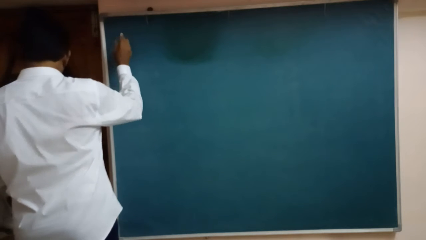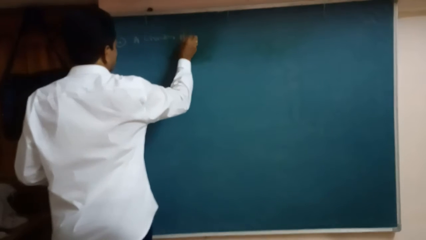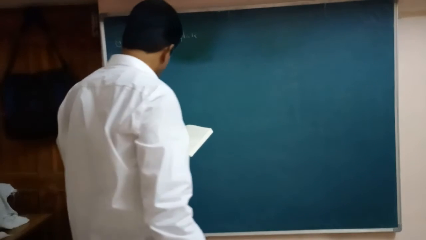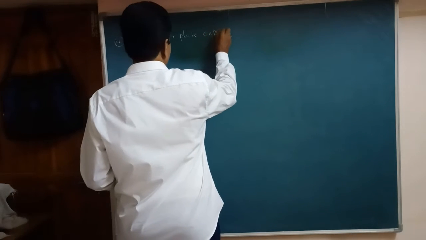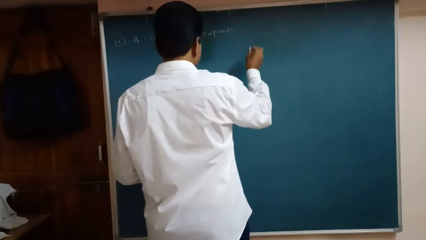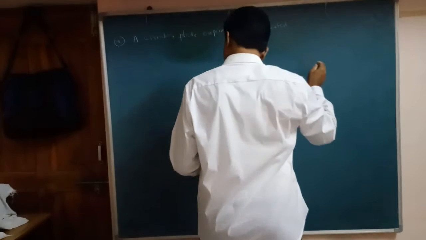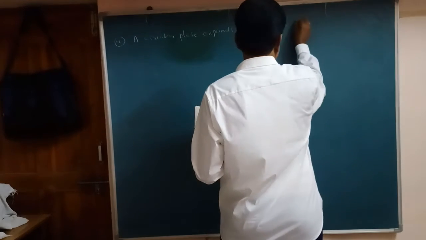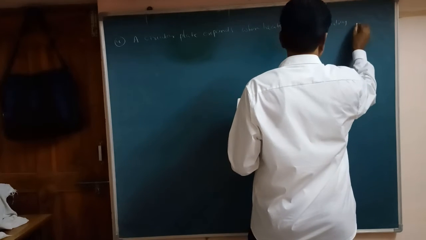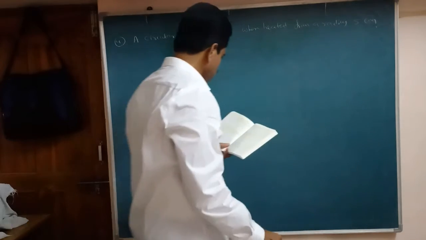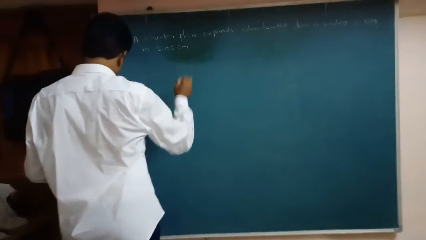Next one, the fourth one. A circular plate expands when heated. Radius 5 centimeters expands from 5 centimeters to 5.06 centimeters.